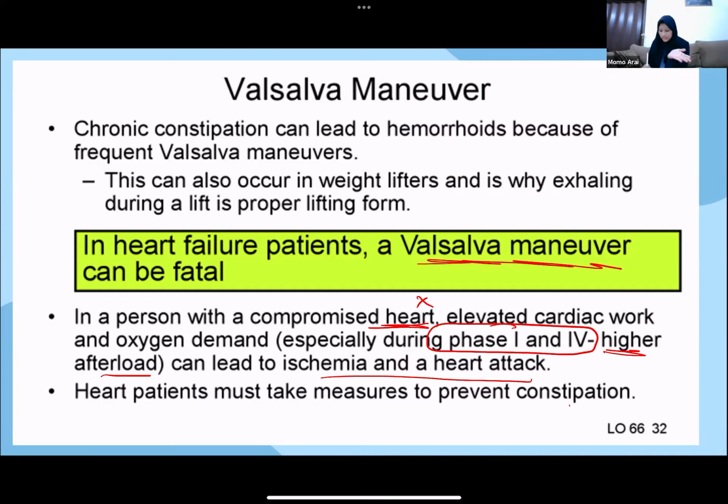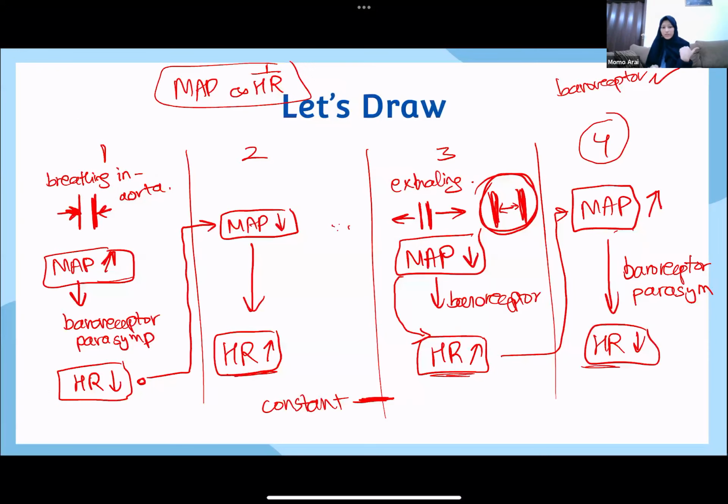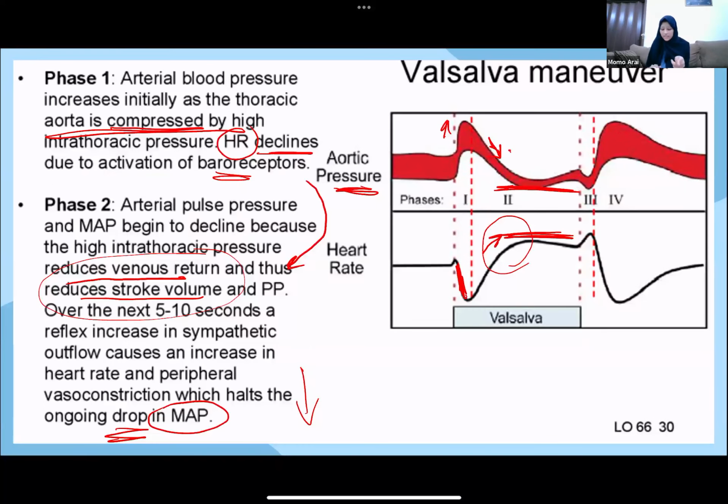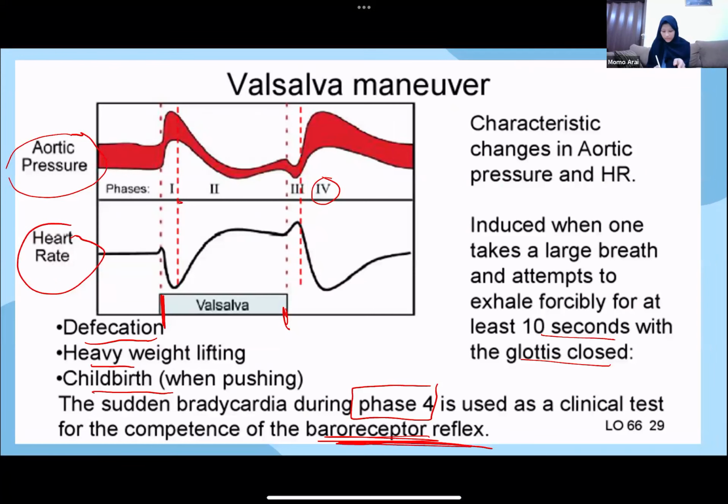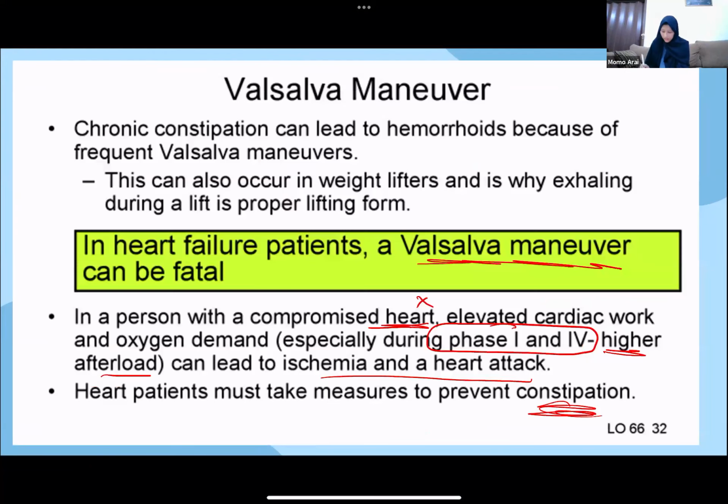For example, they must prevent constipation, right? Remember how I said in the first slide that defecation is one of the situations where Valsalva is used, because you're keeping air in and trying to strain. So heart failure patients must prevent constipation, and prevent anything that makes them cough a lot, or weightlifting, for example.